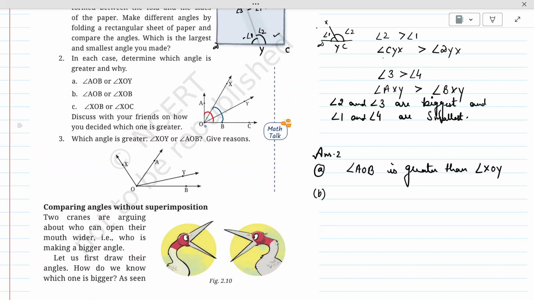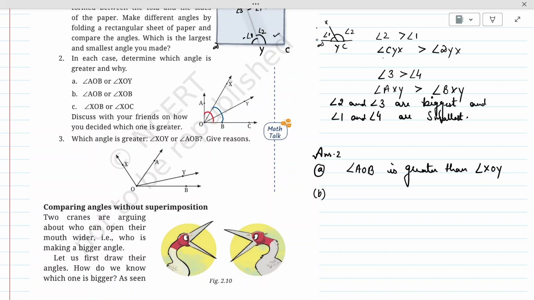If you have to overlap OC onto OA, it will have to move more when compared to XOB. The space between these two arms, angle AOB, is greater than the space between XOB.